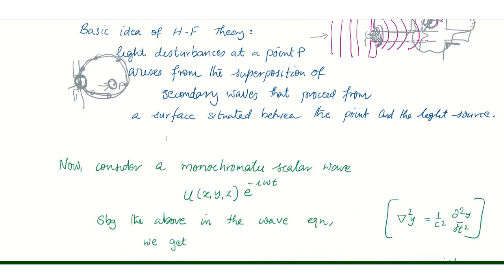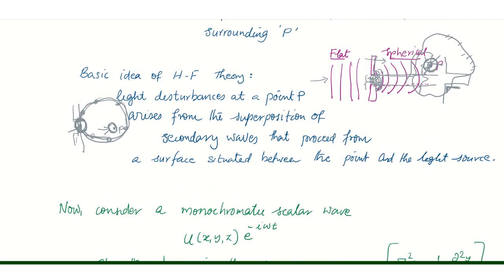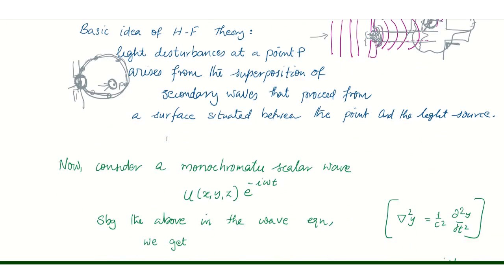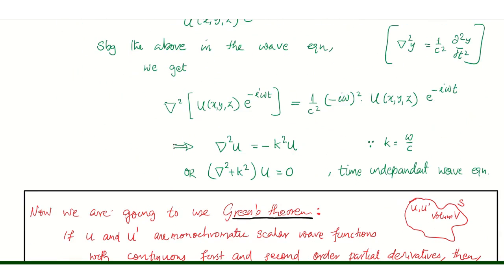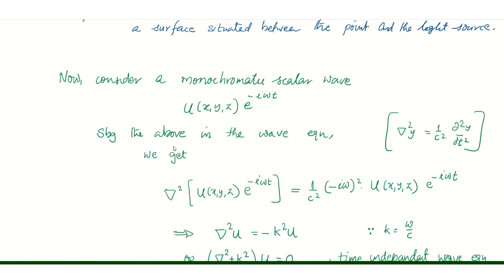But now we have talked about the wave equation, and you may have to derive something called a time dependent wave equation, which we are familiar with in many branches of physics. For that, you consider a monochromatic scalar wave u(x,y) e to the power minus i omega t.